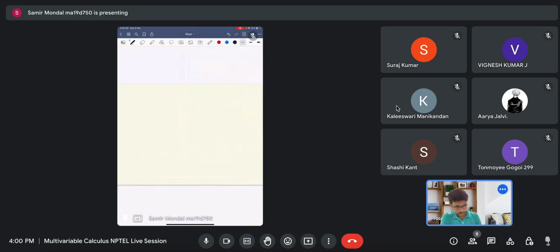Okay, example 3: take your f of xy equal to xy square divided by x square plus y square. Yeah, please tell me what is the limit of this function at the point 0 0.